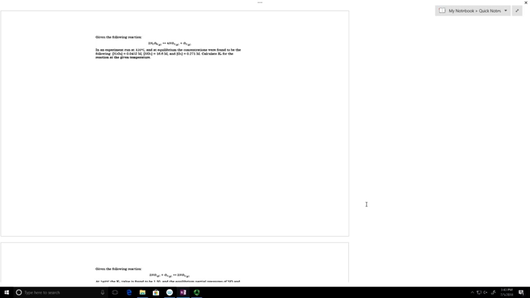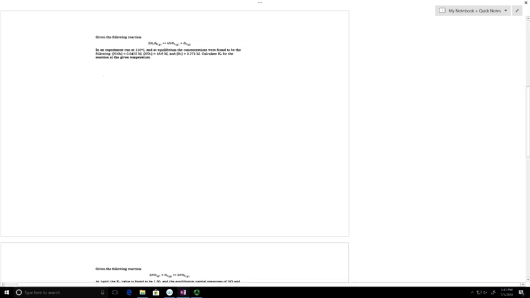Recall that your equilibrium constants will change with temperature, so as long as the experiment is run at the same temperature, you're going to get a specific K constant. If it's run at a different temperature, you will get a different K constant. So it's important for you to recognize that and work with that as you proceed.